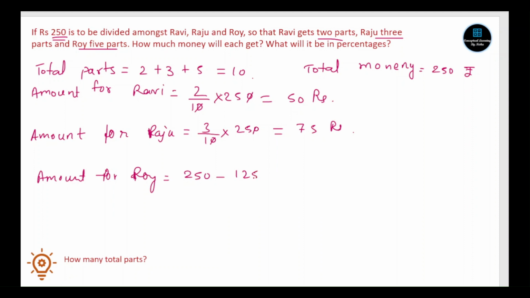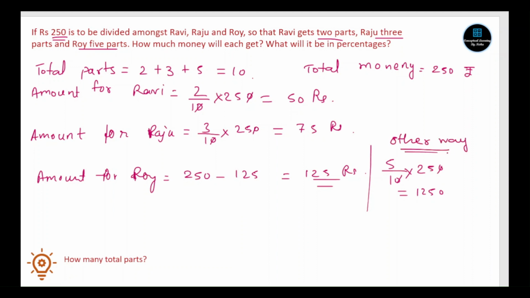So 125, which is equal to 125 rupees, correct? Or I can find in terms of ratio also. See, if I find in terms of ratio, 5 upon 10 into 250. So I'll get 125 only. These are both the ways. You can use any of them, okay?